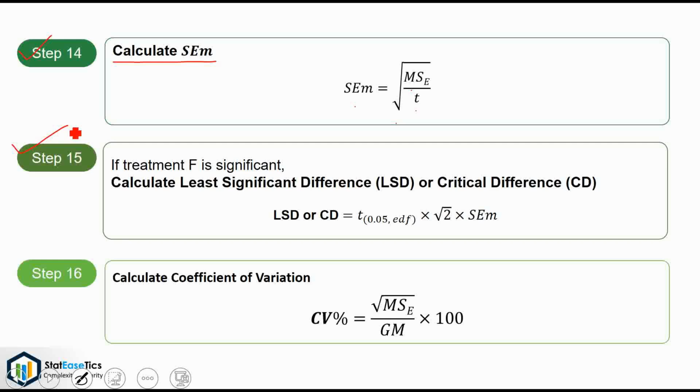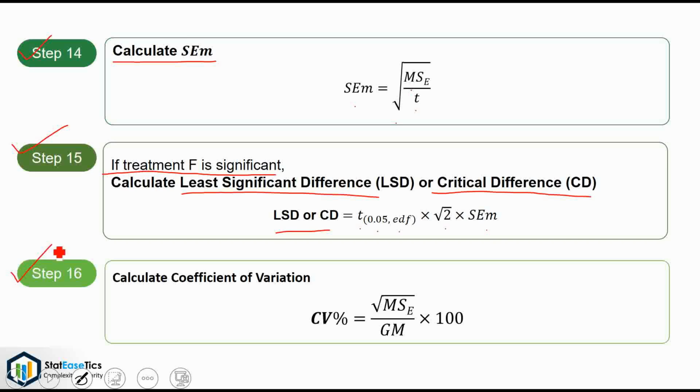If treatment F is found non-significant, then no need to calculate the LSD or CD because all treatment means are equal. Whereas if treatment F is significant, then calculate LSD or CD using the formula statistic t at 5% level of significance and error degree of freedom into root 2 into SEM.